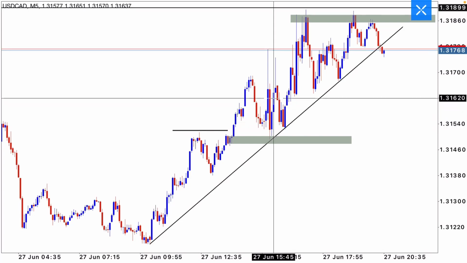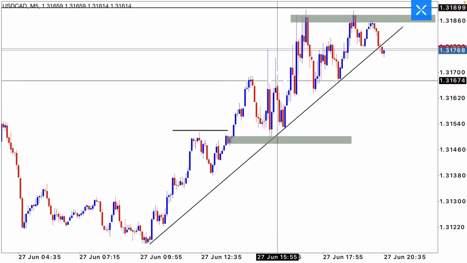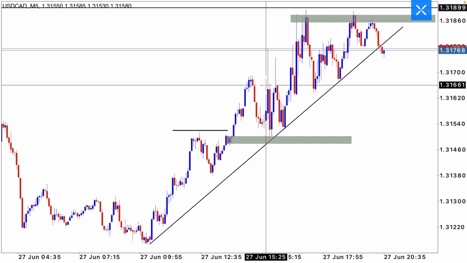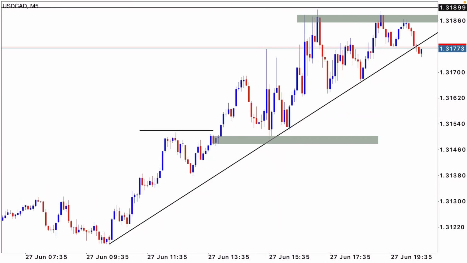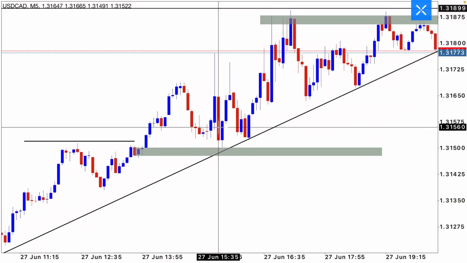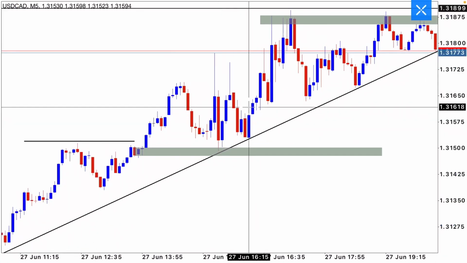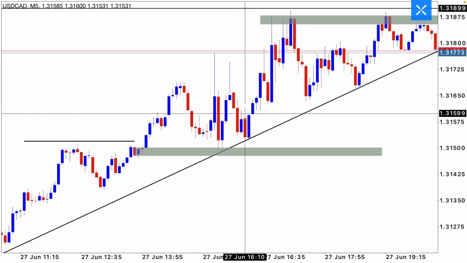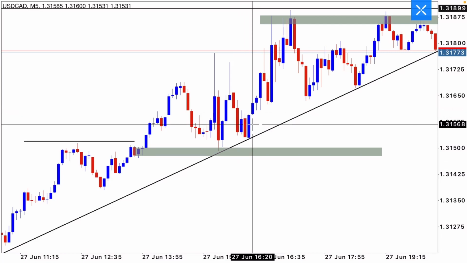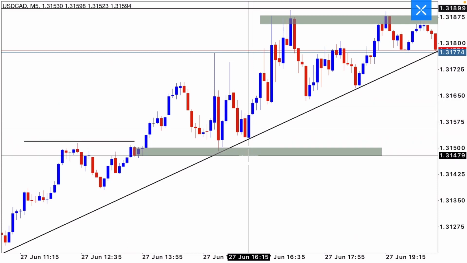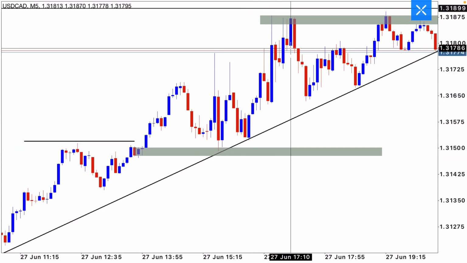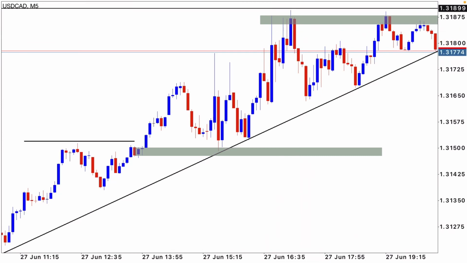Sorry guys, this is the last candlestick, because it didn't break this one, it didn't break this one, so we're not going to enter. When this one breaks, enter, and then you put your stop loss somewhere around here, and your take profit somewhere around there. You see, it just hit take profit straight up. So it's not rocket science, guys.